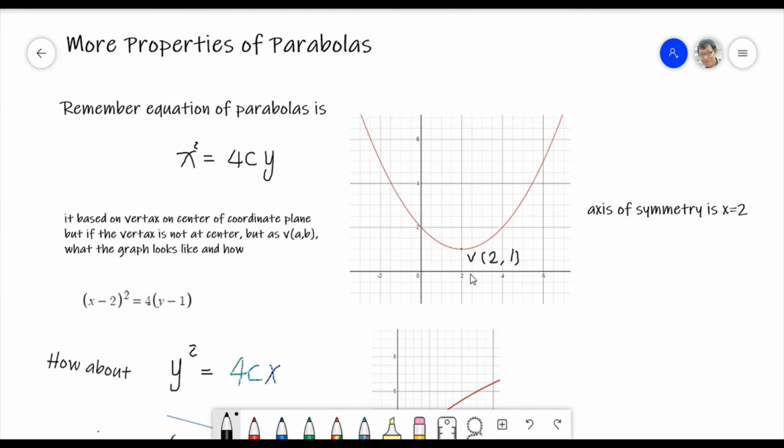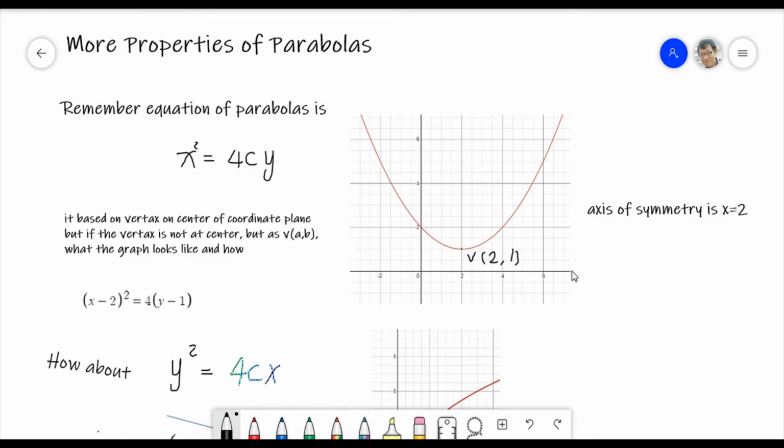So just remember this will be the vertex, and the axis of symmetry is x equals 2. It's like a mirror: if you fold along this line, the graph will match exactly.